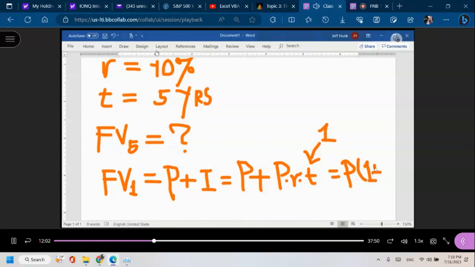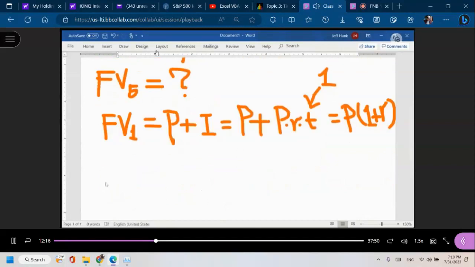So if I factor out common factor P, then you're left with P times 1 plus R. And we know it is $11,000 already, because even without doing this, it's very easy. But if you want to plug in the numbers, this is going to be 10,000. This is 10K.